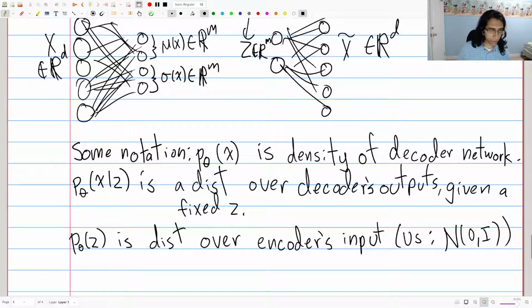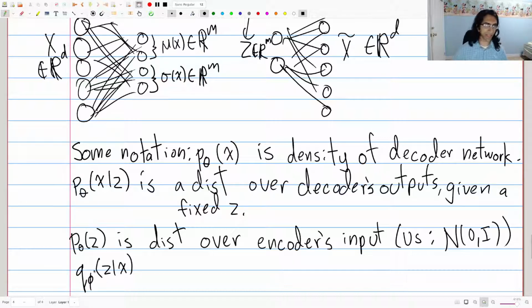The last thing we're going to need is, we haven't talked at all about this encoder network here, so let's give it a little bit of attention. And we have Q of phi. The one piece of notation we're going to use is Q phi of Z given X. I'm not going to write what this is, but let me at least say what it is.